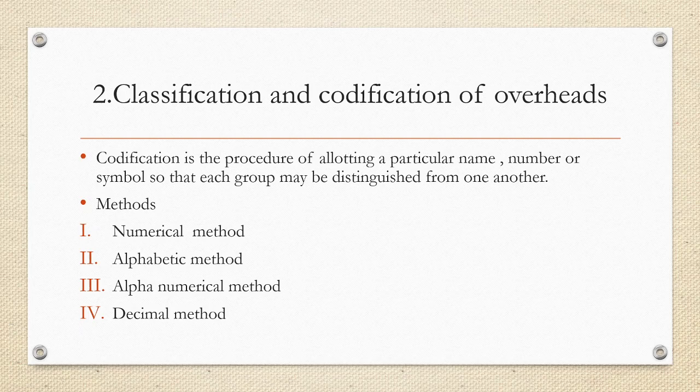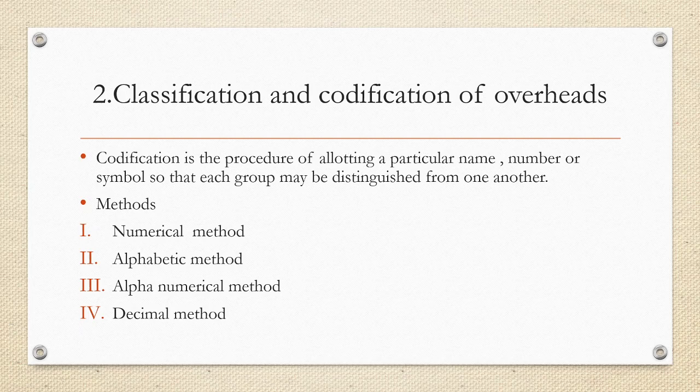And then we have the decimal method, wherein we use decimals in order to identify the different overheads. For example, 201.1 means salary. 201 means salary, and 0.1 we use for salary expenses of salesman grade 1. 201.2 means salary expenses of salesman grade 2. 201.3, imagine there are different grades of salesmen.